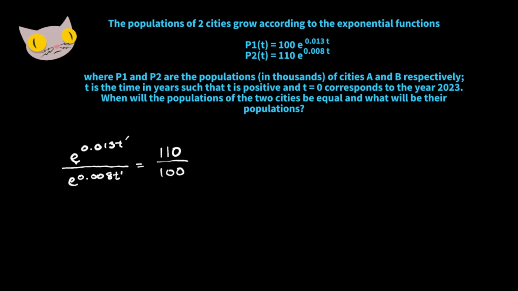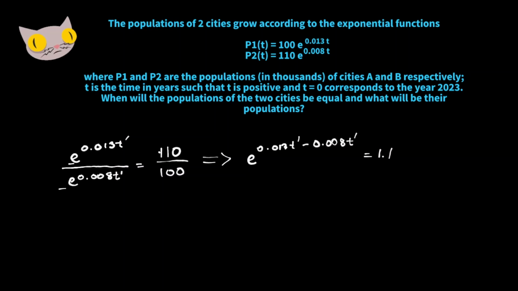Let's look at this side with the exponents. We see that we have these two numbers being divided. They have the same base. We can use a property, the one where if we have a to the x over a to the y, that can give us a to the x minus y. And we get e to the 0.013 t prime minus 0.008 t prime, and that's equal to 1.1.